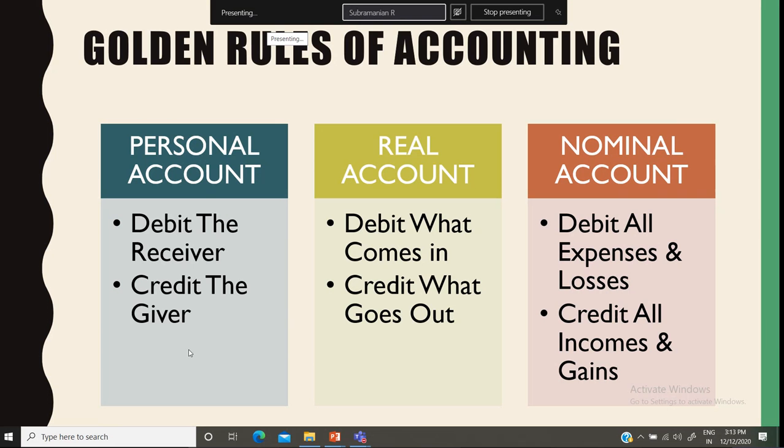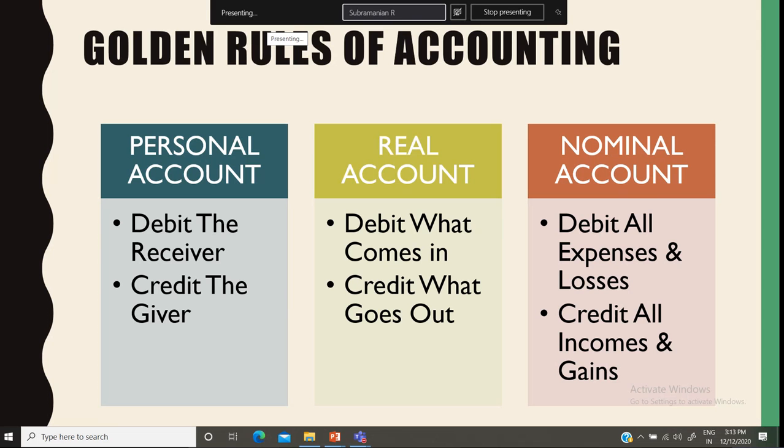Suppose I am A, and I am going to maintain books of accounts now. I am going to pay to Y, or X, whatever it might be. If I am paying him, then Y will be the receiver. Debit the receiver means I have to debit that person's name.